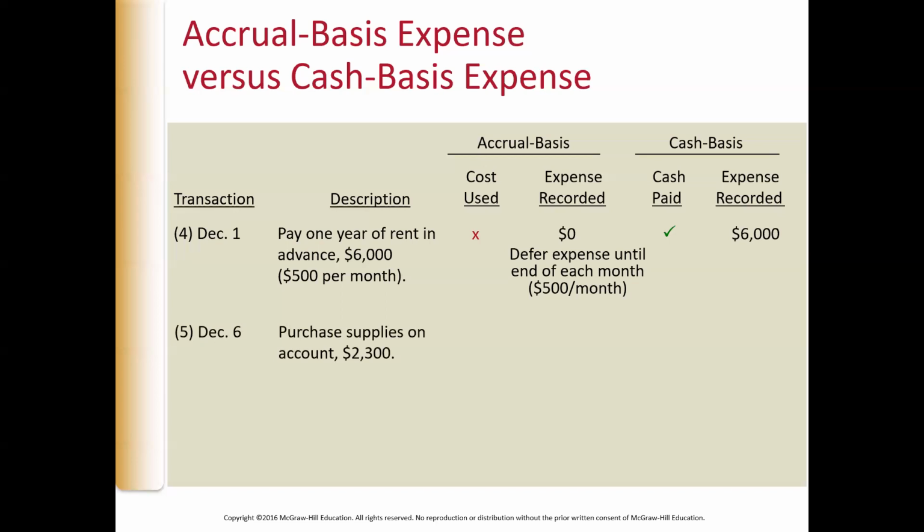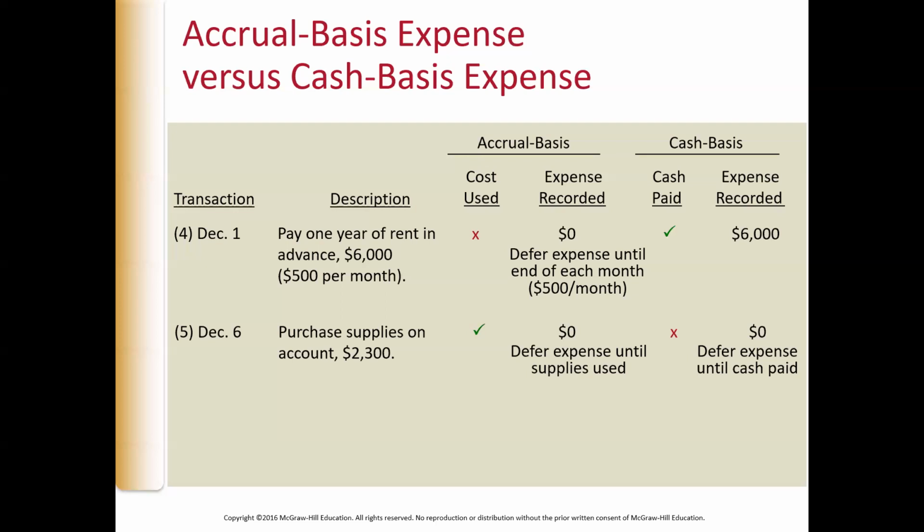On December 6th, we purchased supplies on account, $2,300, which means we debit supplies, we credit accounts payable. We purchased the supplies, but we did not use them yet, did we? So for accrual basis, we're not going to record the supplies expense until we use it.